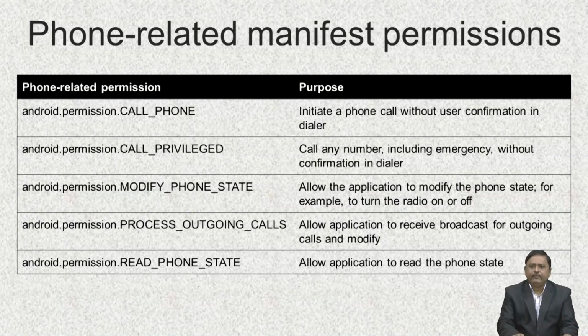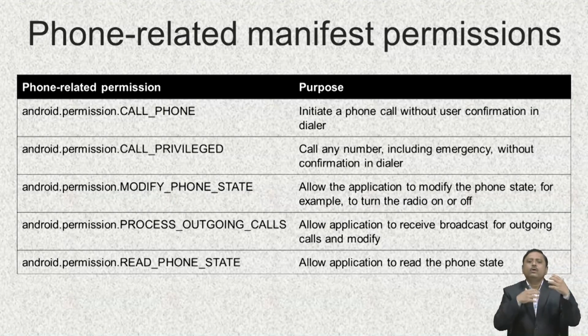So there are phone related manifest permissions required to do all these operations, like CALL_PHONE, to initiate a phone call without user confirmation in the dialer, then CALL_PRIVILEGED to call any number including emergency numbers without confirmation in the dialer. Then we have MODIFY_PHONE_STATE to allow the application to modify the phone state, for example, to turn the radio on or off.